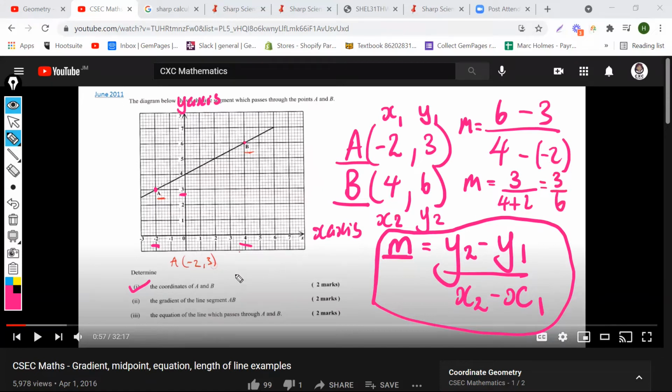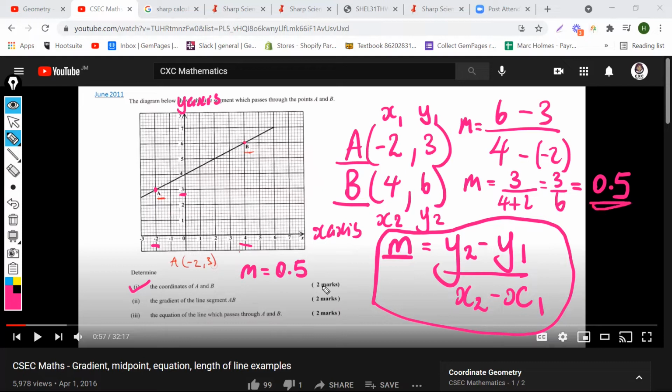So the gradient M of the line AB is 0.5. 3 over 6 is the same thing as 0.5, guys. So this was really easy, if you remember the formula.